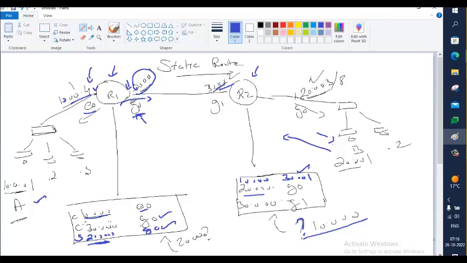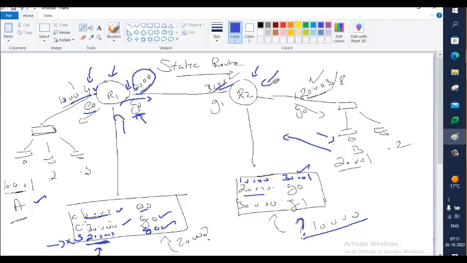We assigned an IP address on the port and the network appears. But 20 is not in this router. Why would we assign an IP address starting with 20? We won't. So this will never come. This we have to write, because this network doesn't belong to R1.